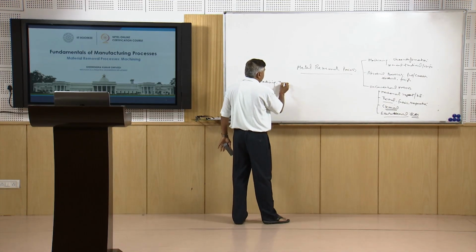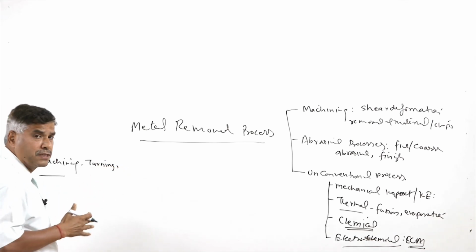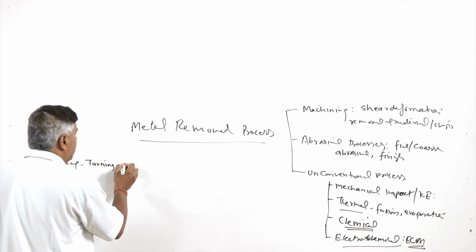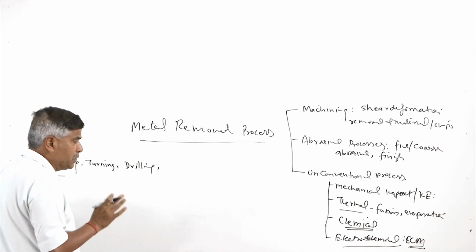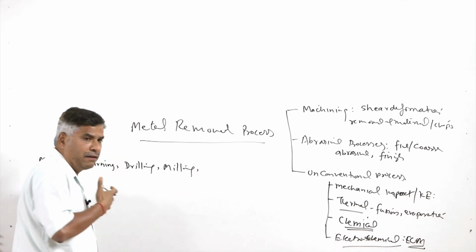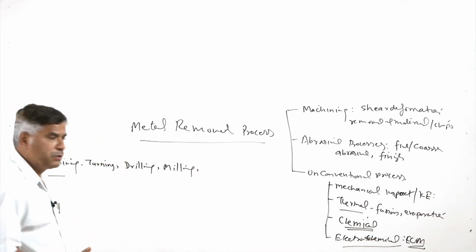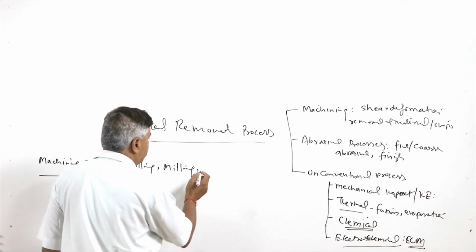Turning is one of the commonly used processes for producing cylindrical shapes. Then we have drilling, which is used for making holes. Then we have milling, which is used primarily for making flat surfaces, but it can also be used for making gears and other contour or curved surfaces.